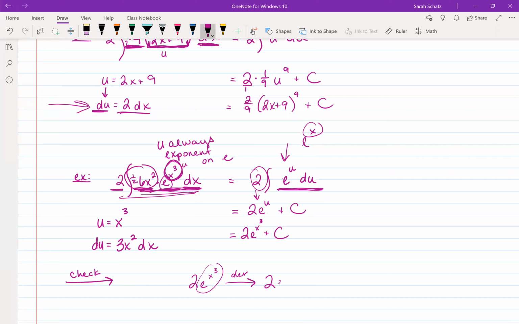The exponential term always comes over as is, but I would do the chain rule here and get a 3x squared. Oh, it looks exactly like what I started with. So you guys, it's all there. It's just we use u to make it easier on ourselves so we can actually take the antiderivative.